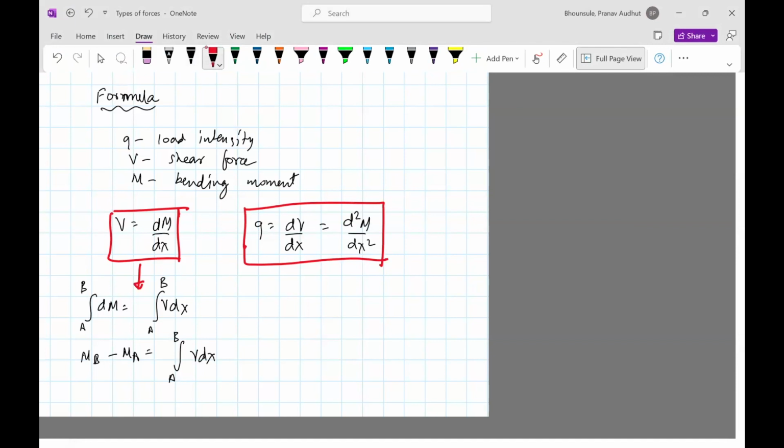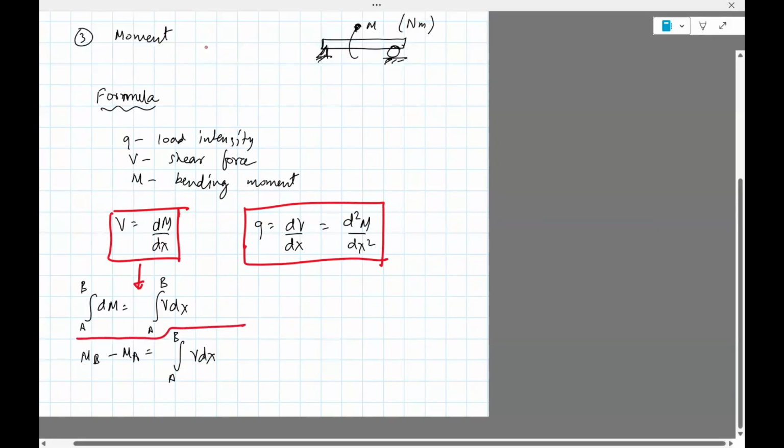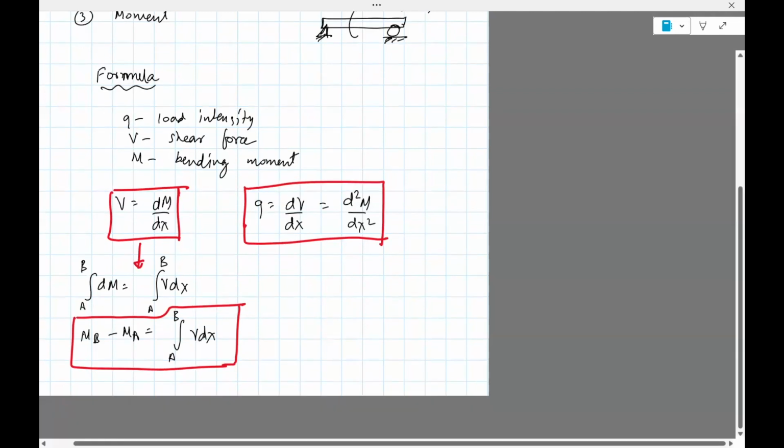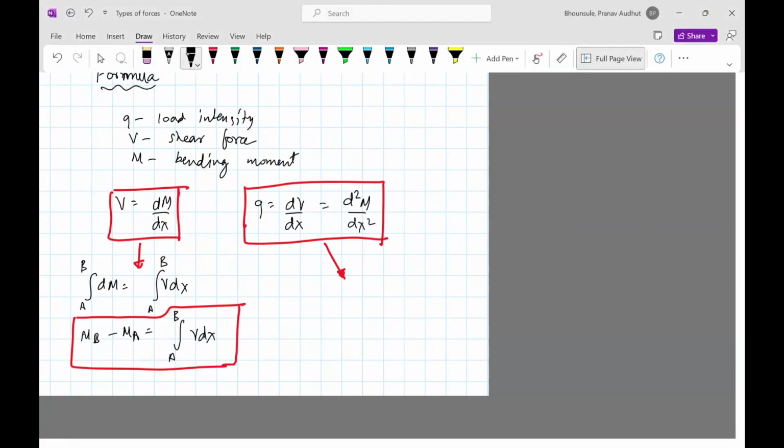Okay, you need to sub in the values for V in order to compute what that M_B minus M_A is. This basically gives you the moment between points A and B, and we'll actually use this in some problems. Okay, so I just write those down.